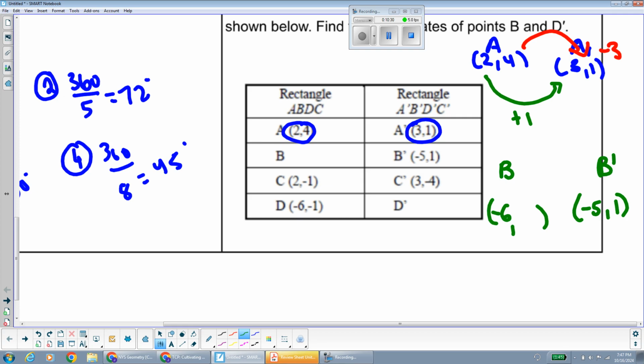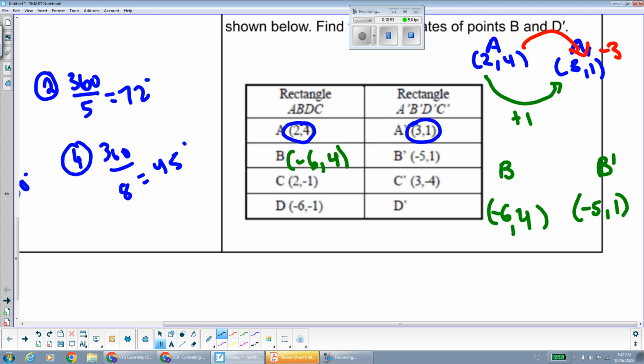And instead of subtracting 3 from the y coordinate, we're going to add 3. And let's double check if this works. So let's see if it satisfies the same translation as here. If I add 1, I do get -5. If I subtract 3, I do get 1. So -6, 4 was the pre-image under this translation.